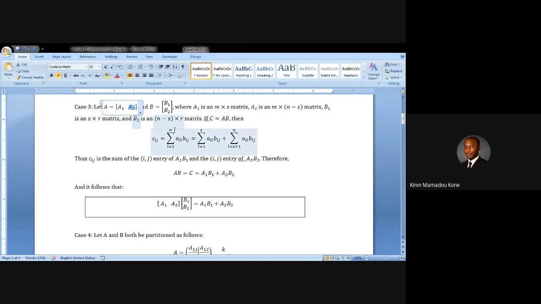So we go from 1 to s, and then we multiply that by the corresponding matrix B over here. So that's why we have this sum: the entry i,l times b l,j, with l going from 1 to s.